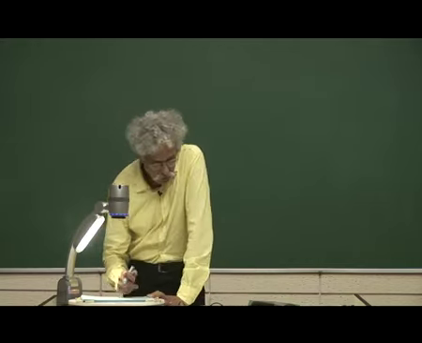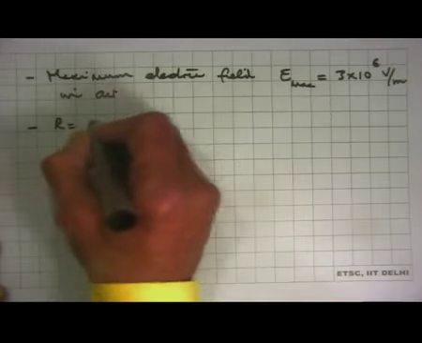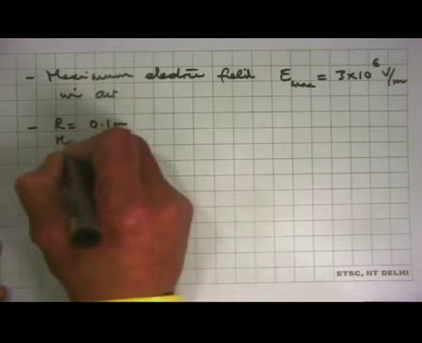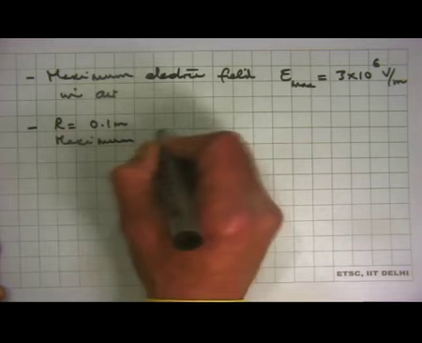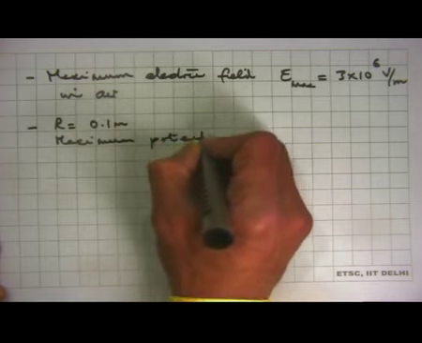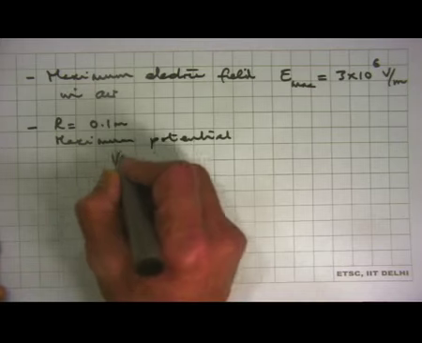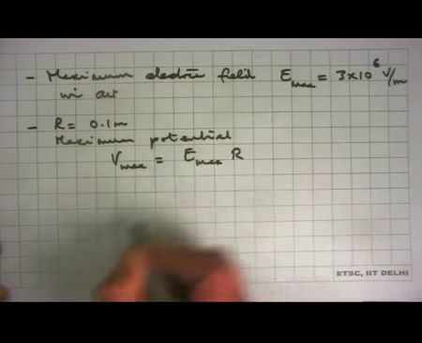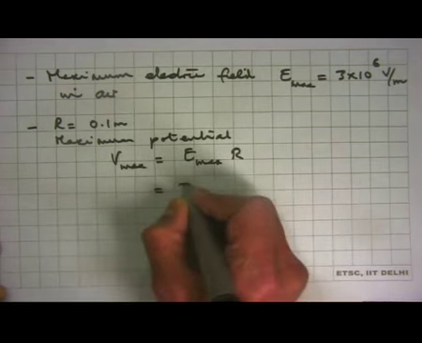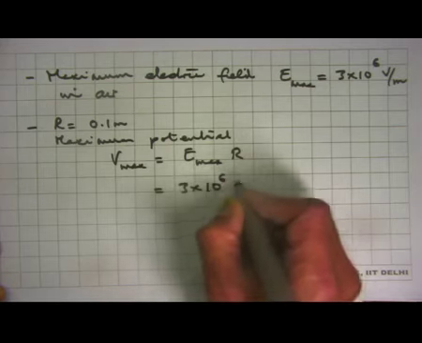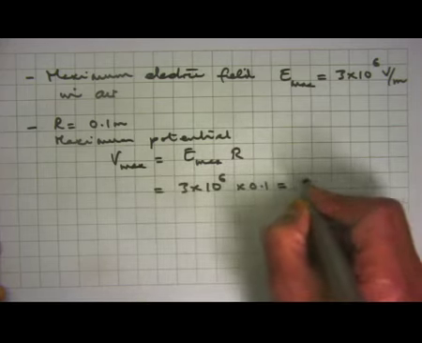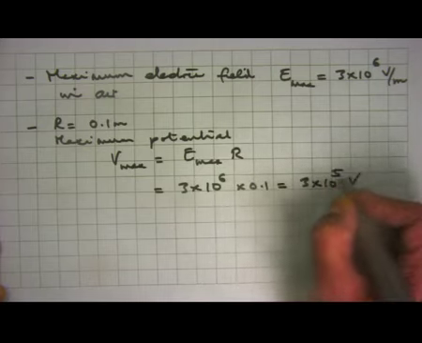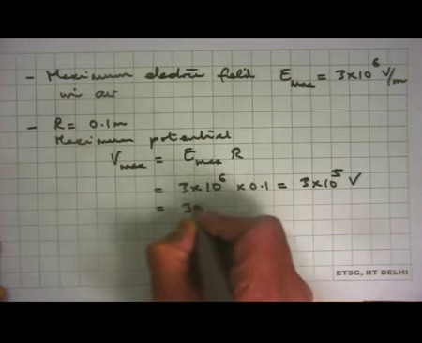So, you can see here that if you take a radius of 0.1 meters, the maximum potential of this conducting sphere, V max, is equal to E max into the radius of the sphere, which is 3 into 10 to the power 6 into 0.1, which is equal to 3 into 10 to the power 5 volts, which is written as 300 kilovolts.